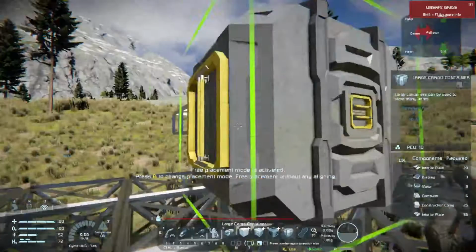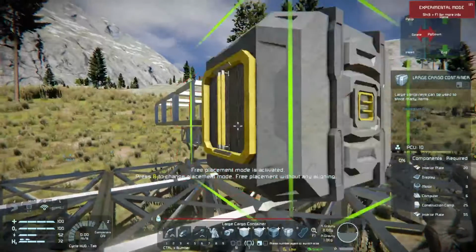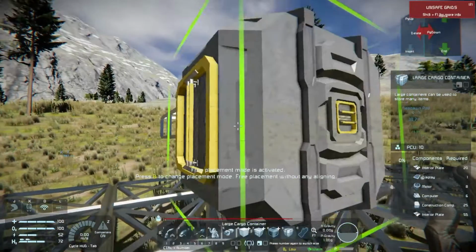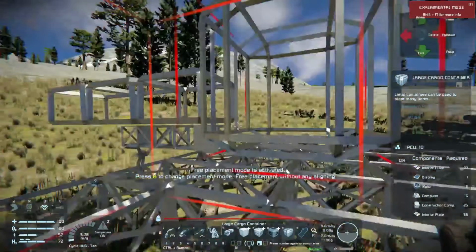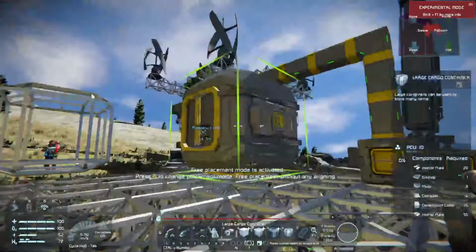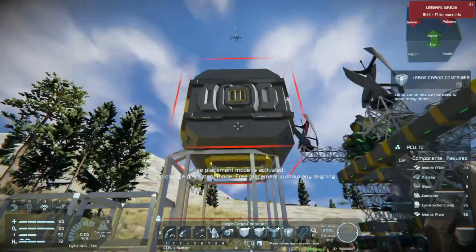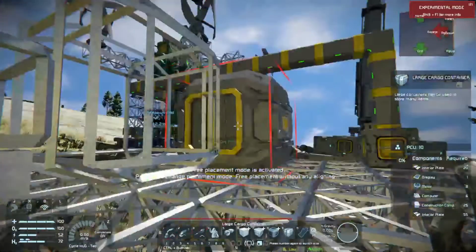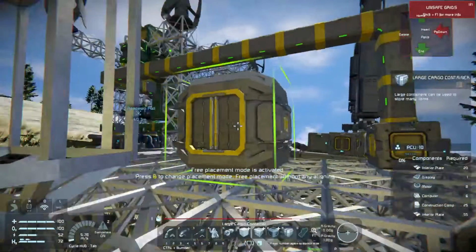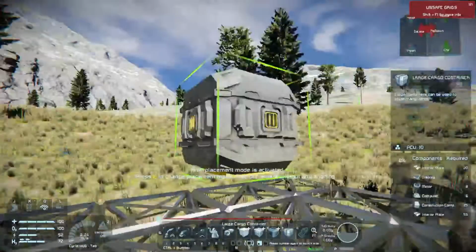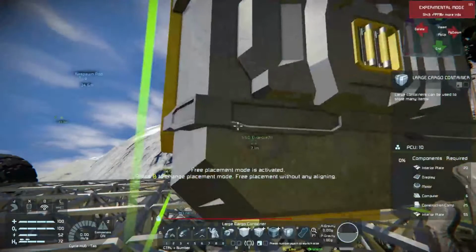Alright, so what I was basically saying was I'm just gonna place this right now. But you see how we could do several on top and several wide and still have everything in front of it from a ship perspective.